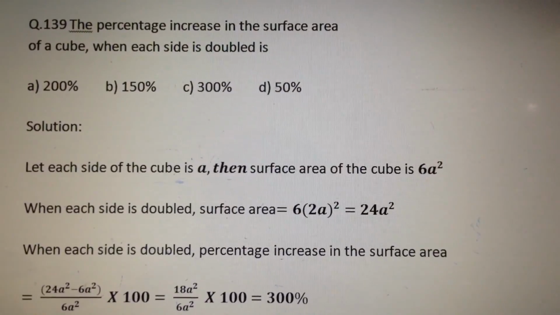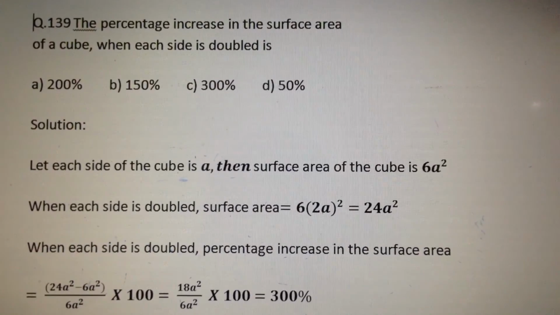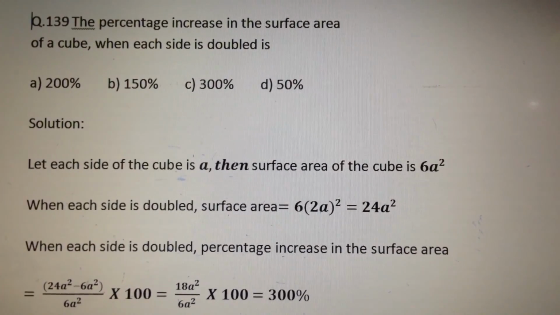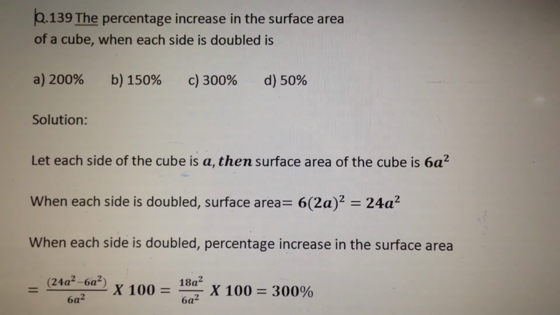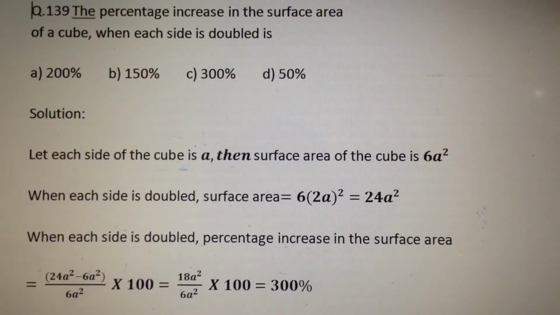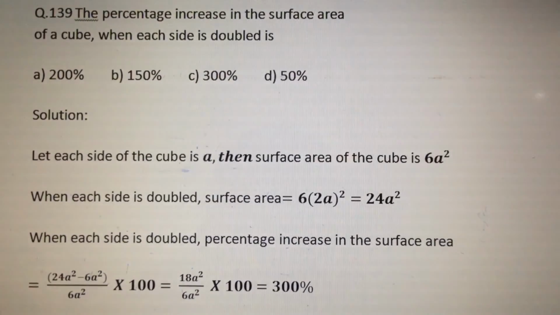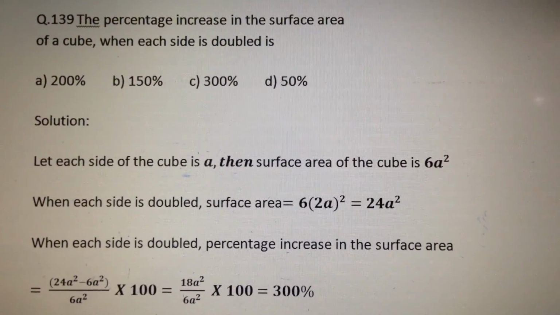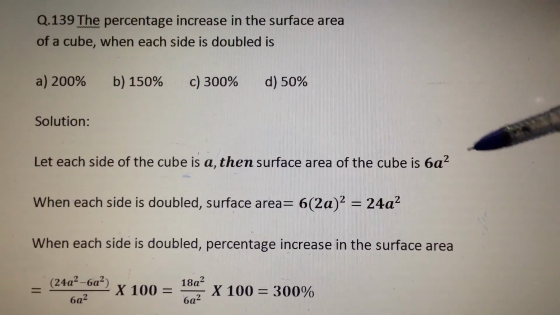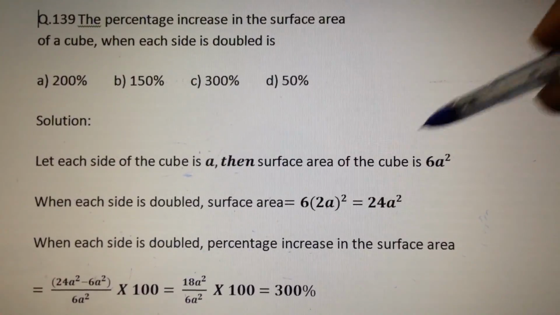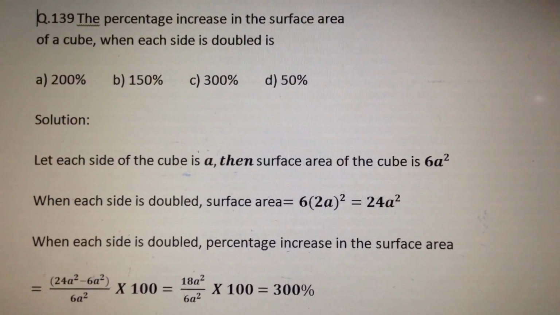Next question. The percentage increase in the surface area of a cube when each side is doubled is. Let us assume each side of the cube as a. Then the surface area of the cube is 6a square. We know the formula to find out the surface area of the cube, 6a square.